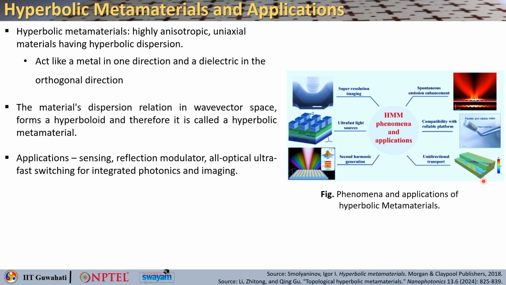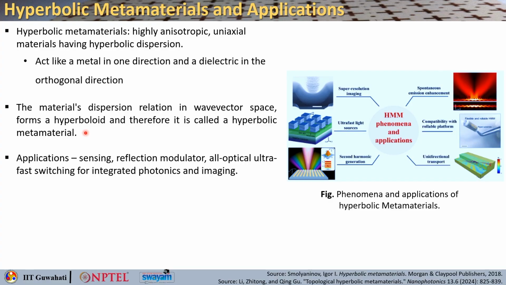As you can see, hyperbolic metamaterials have some peculiar characteristics, because here the dispersion relation in the wave vector space actually forms a hyperboloid, okay, and that is why they are known as hyperbolic metamaterials, and there you can have a lot of interesting applications.